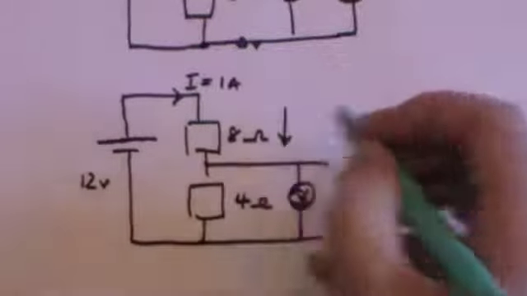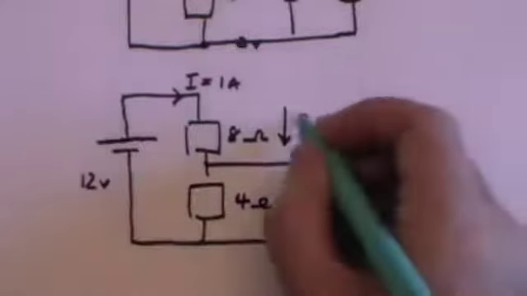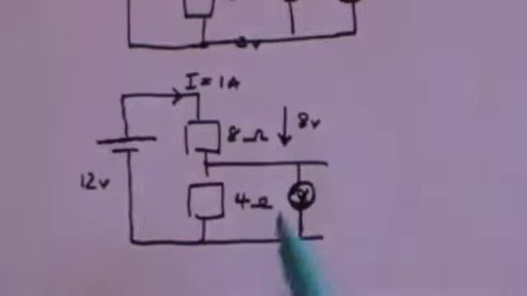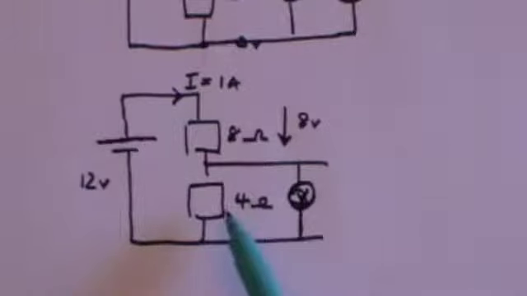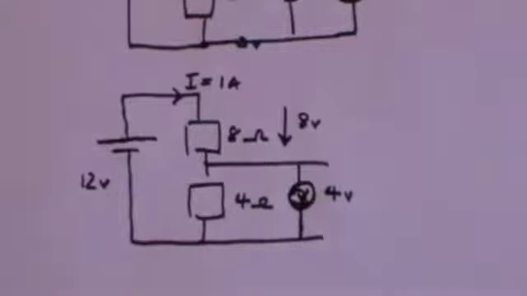So the drop across R1 is going to be 1 times 8, which is 8 volts. The drop across R2, which is 4 ohms, is 1 times 4, that's 4 volts. So the voltmeter is going to measure 4 volts.